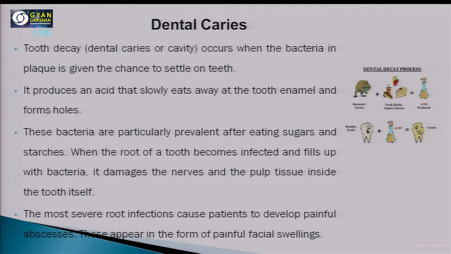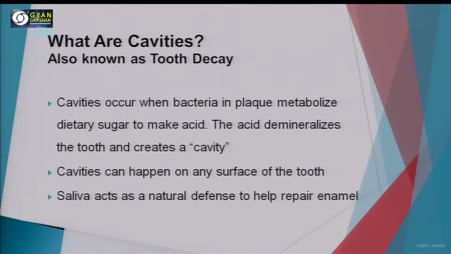As it accumulates, the bacteria act on it and produce an acid. This acid causes the demineralization of the enamel. It eats into the enamel, creating a cavity, and that is known as dental caries. So cavities occur when the bacteria and the plaque metabolize the dietary sugar to make an acid. The acid demineralizes the tooth and creates a cavity.